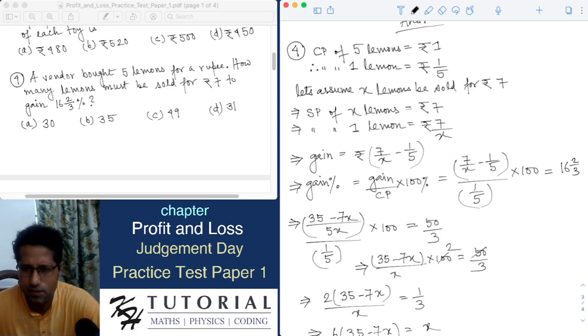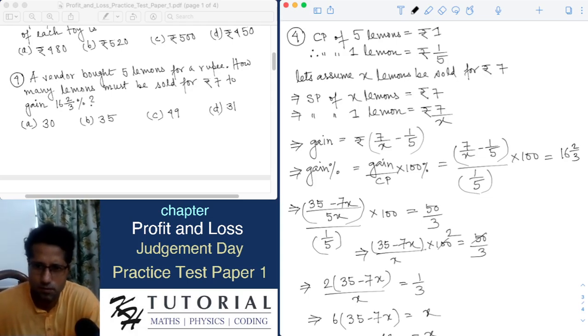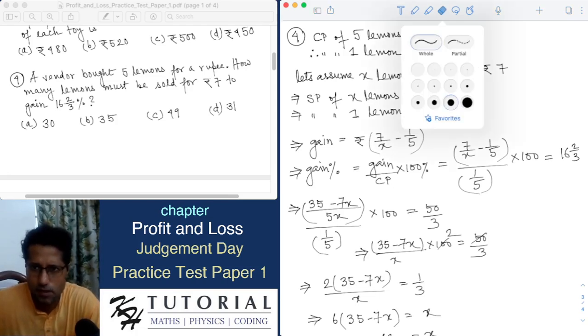Now gain percent is gain by CP multiplied by 100, which is equal to (7 by x minus 1 by 5) divided by 1 by 5, into 100. That is equal to 16 and 2 by 3. This implies, if we simplify 7 by x minus 1 by 5, it becomes 35 minus x, not 7x, it is x.